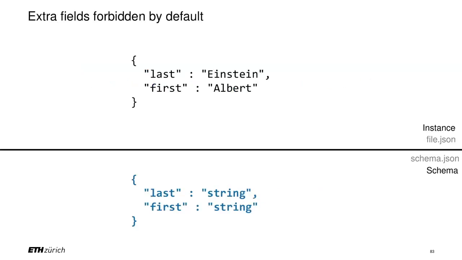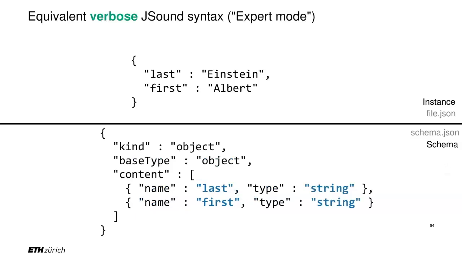Here's another one with extra fields. When I have a schema like this in the compact form, every key is optional. What you cannot have is extra keys. So that instance is valid because it only has last and first and nothing else.